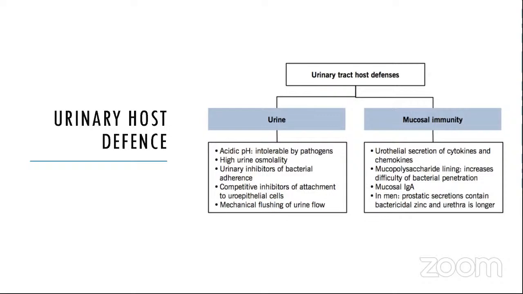There are two host protections or immunity mechanisms: one is the flow of urine and another is mucosal immunity, that is the lining membrane of the urethra. So this is how urine makes a difference. It is acidic in reaction, so most pathogens cannot survive in this acidic media.